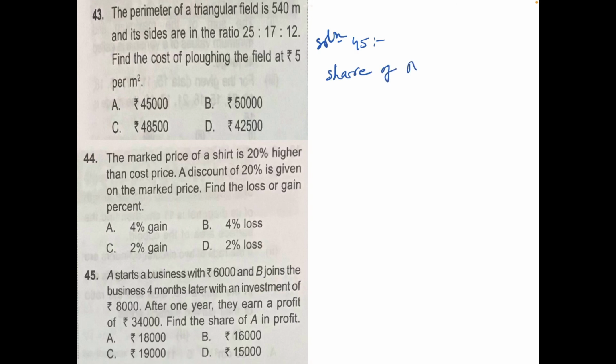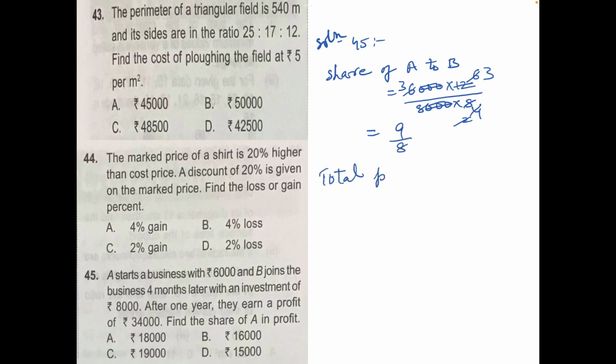Share of A to B is, since A invested rupees 6,000, so 6,000 into 12, he was from the beginning and B joined after 4 months, that means 8 months he was there, so he invested rupees 8,000 into 8. It will give you 2 6s are 12, 2 4s are 8, then 2 3s are 6, 2 2s are 4, 2 1s are 2, 2 3s are 6, so it will be 9 by 8.